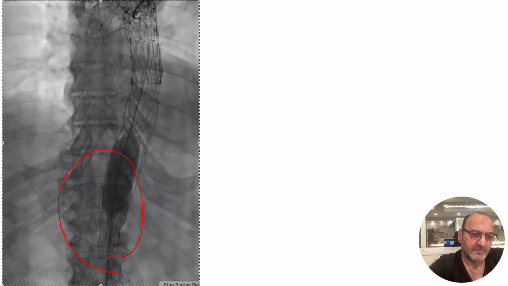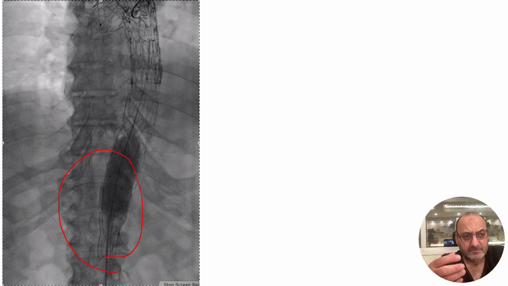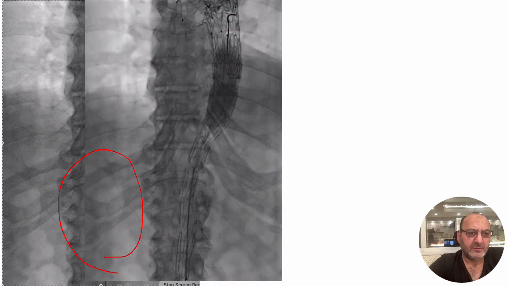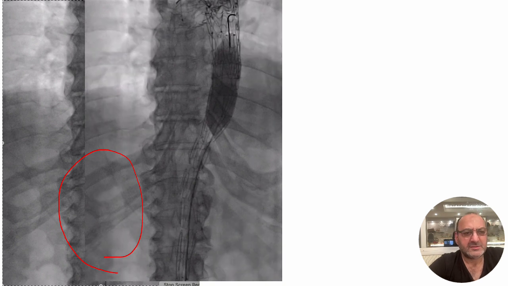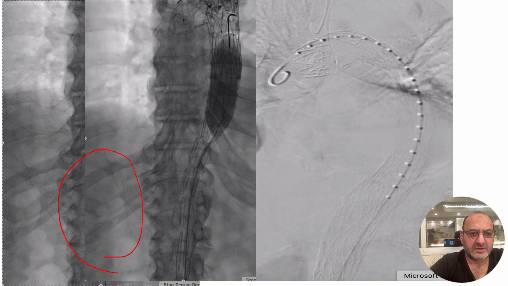We usually use a non-compliant balloon, in this case a Gore Atlas, and essentially we use it to the size of the aorta only. We don't do it very aggressively.